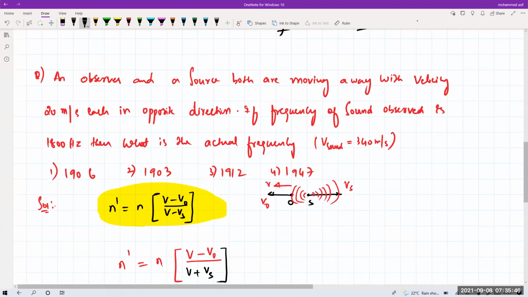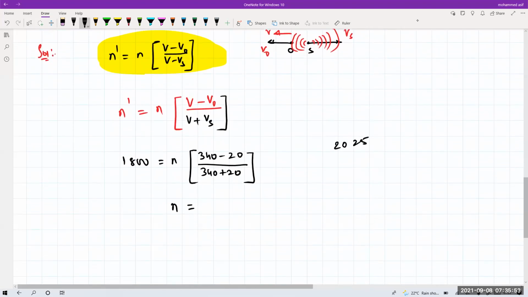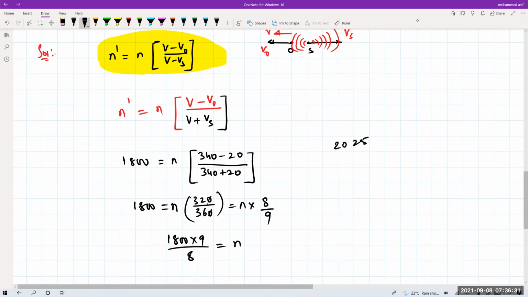Check if there are any conversions. Moving both of them, the velocities are also in meters, correct. How much does this come to? 1800 is equal to N, this is 340 minus 320, into this. 320 divided by 360, right? Yes, sir. So 32 divided by 36, how much am I getting, beta? 8/9. This one is 8/9, that means N is 1800 into 9 divided by 8.